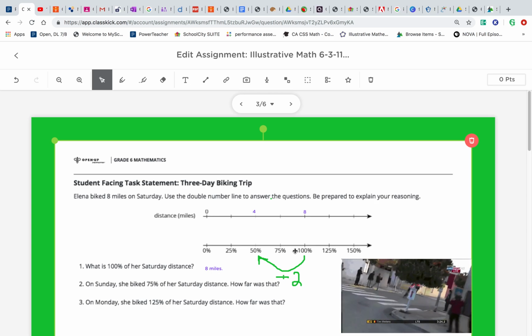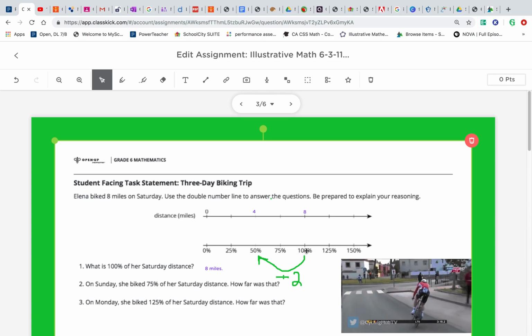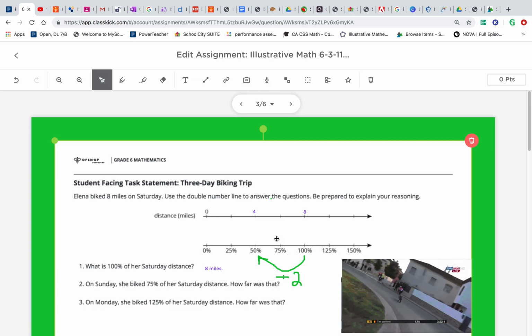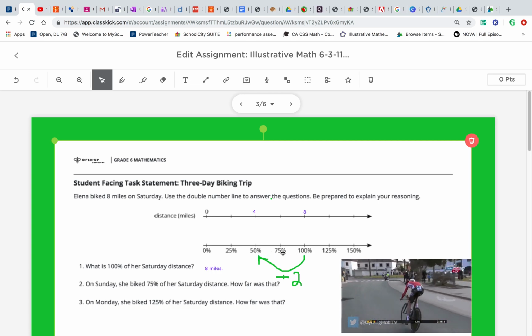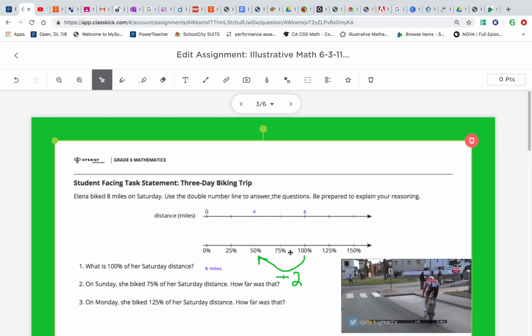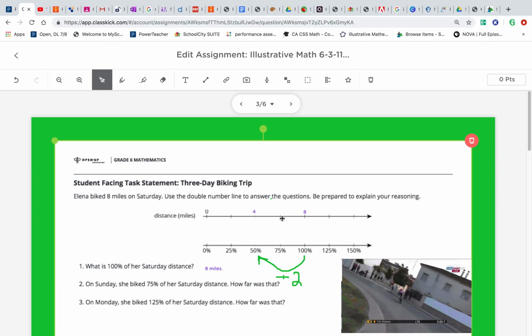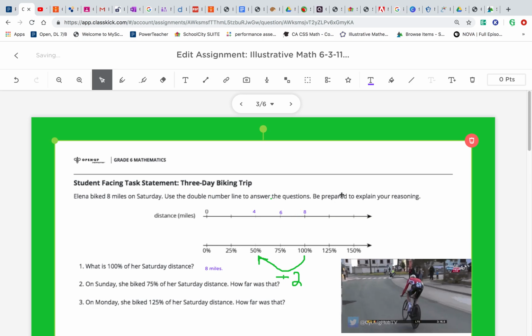Think about it like with quarters, right? 50 cents would be 2 quarters, and 100 cents or a dollar would be 4 quarters. And if you had 3 quarters, that would be 75 cents, right? So 2 quarters, 3 quarters, 4 quarters. So this is halfway in between these two. So if we look up here, what number is halfway between 4 and 8? You guessed it, it is 6. We can call that 6.